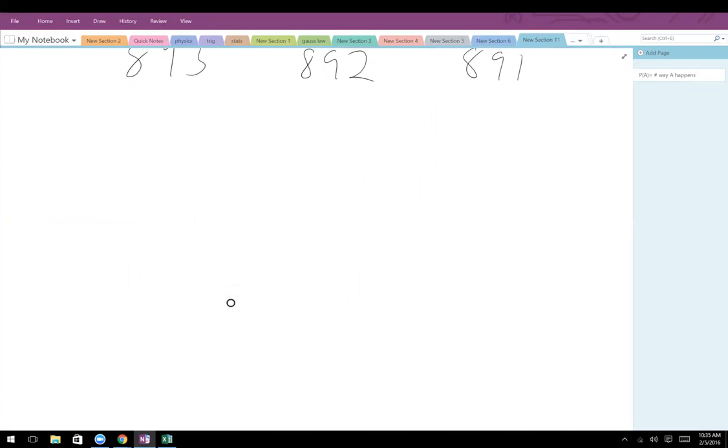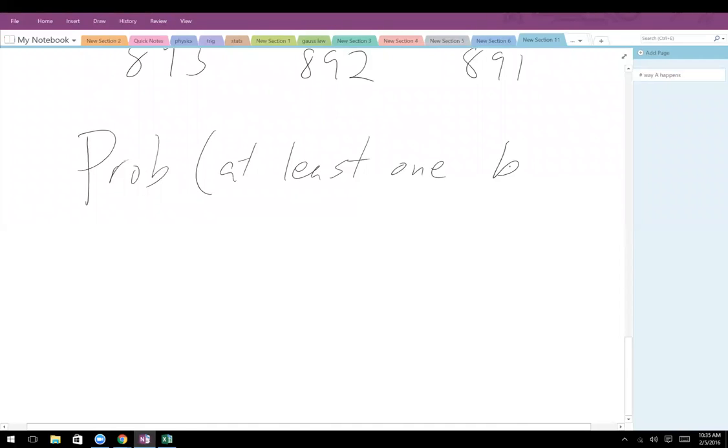So the probability of at least one boy. Well, you could do the or thing. So this is first boy, or the second one is a boy, or the third one is a boy, or up to the 8th one is a boy, right?